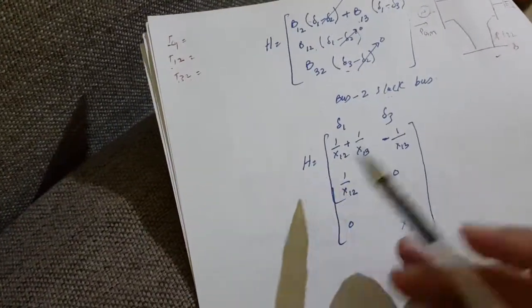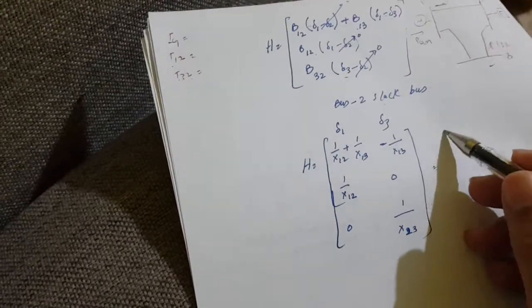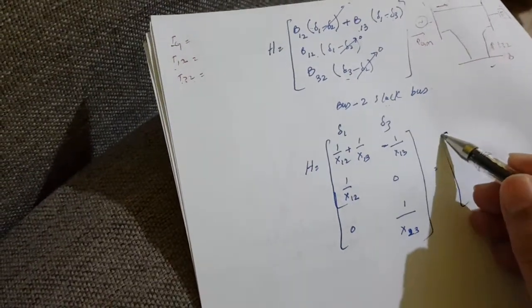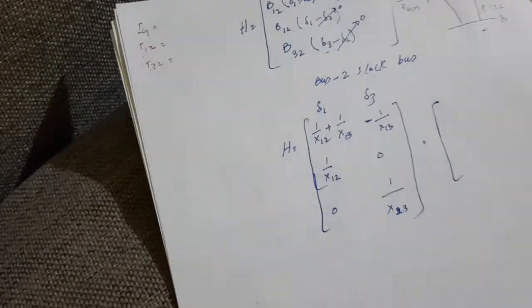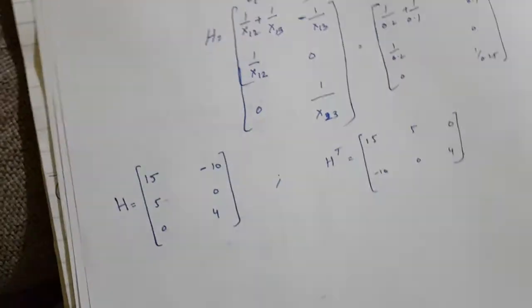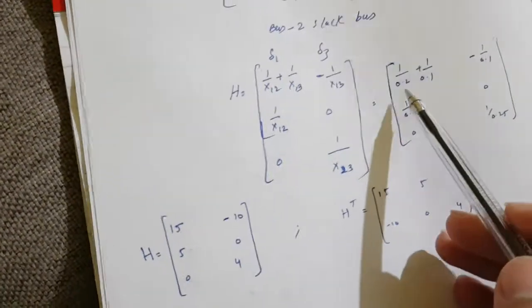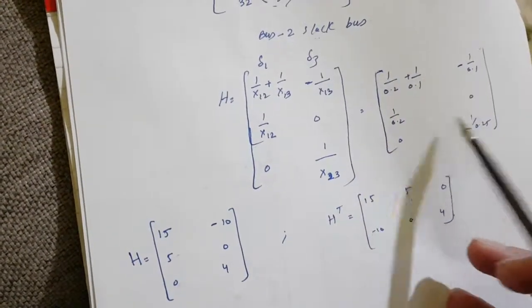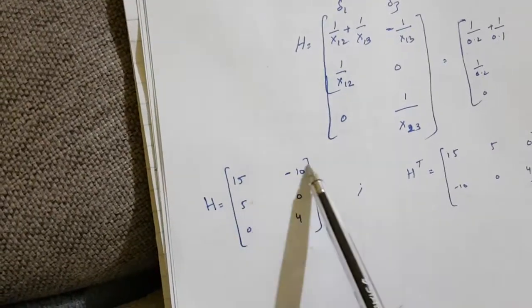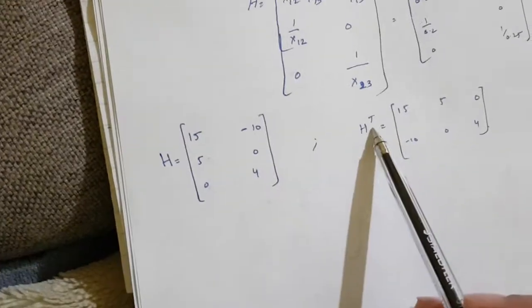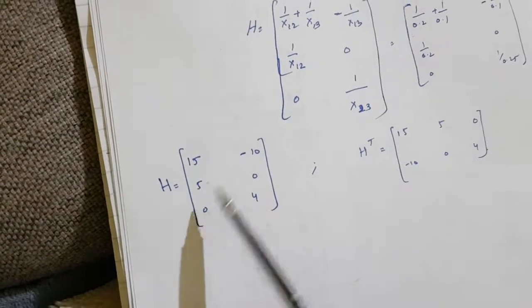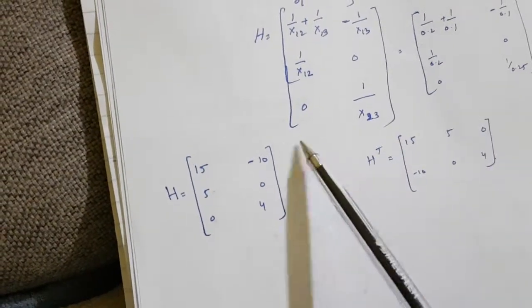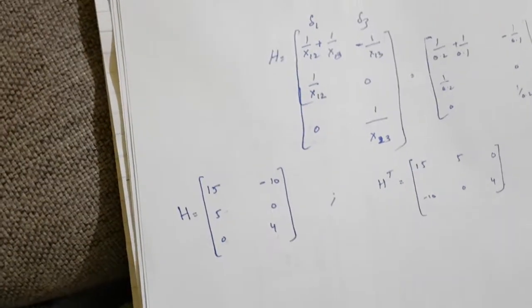So here you will find h by putting the values. Let me put the values and I will come back to you. Okay guys, after putting the values of x, I get h this one, and h transpose is first row, first column would be the first row, second column would be the second row.